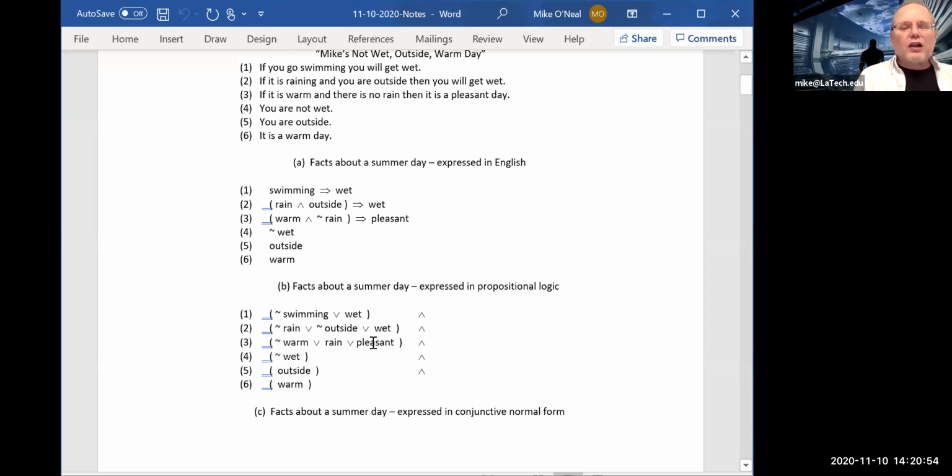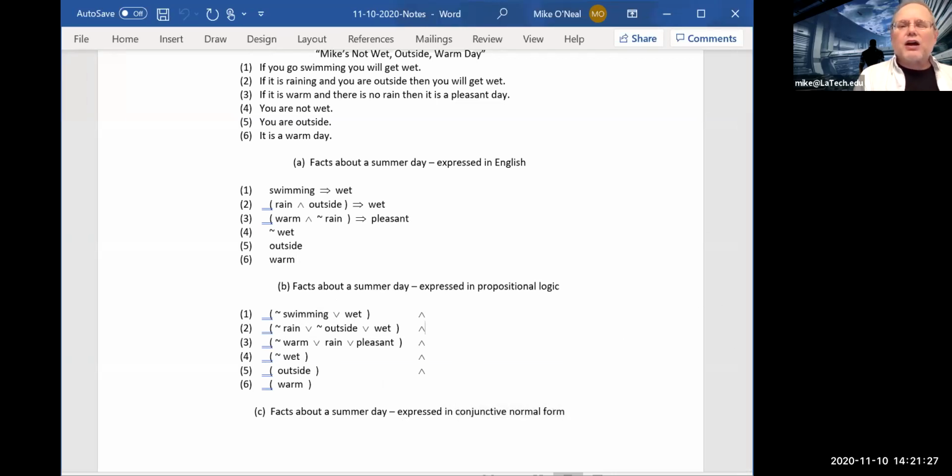So conjunctive normal form is a conjunction, an anding, of disjunctions, ors. Every statement is a disjunction of either individual propositional variables or negated propositional variables. It's a conjunction of disjunctions, and that is what conjunctive normal form is.